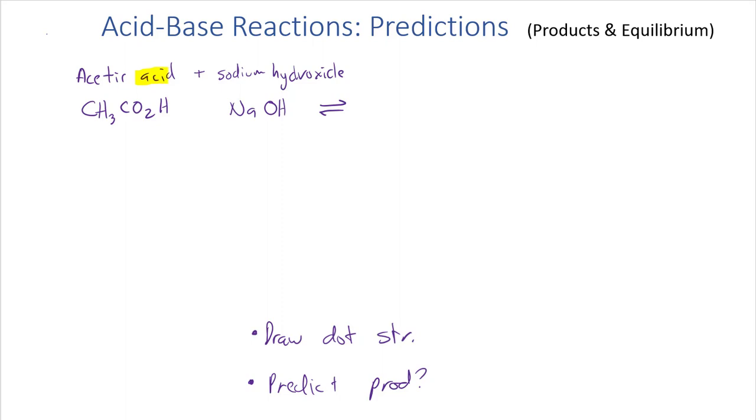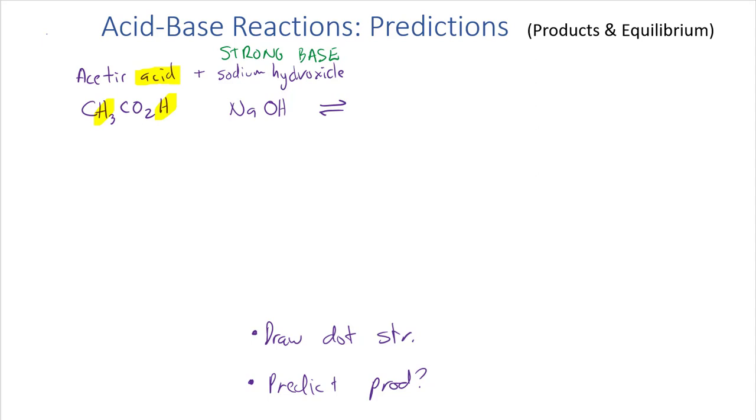Hopefully you notice that acetic acid has the word acid in the name, and that you remember from chemical principles that sodium hydroxide is a strong base. And so that means we know that our acetic acid is going to donate 1 of its 4 hydrogens, and the sodium hydroxide is going to pick up that hydrogen.